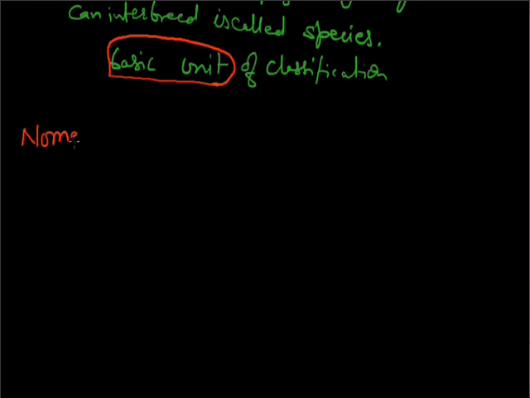Nomenclature means giving scientific names to plants and animals. Here, the scientific nomenclature is based on certain rules.